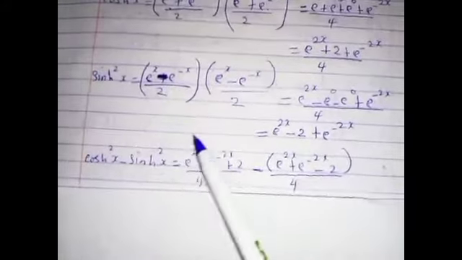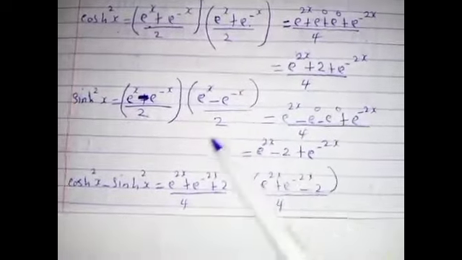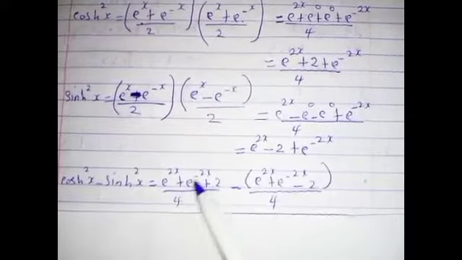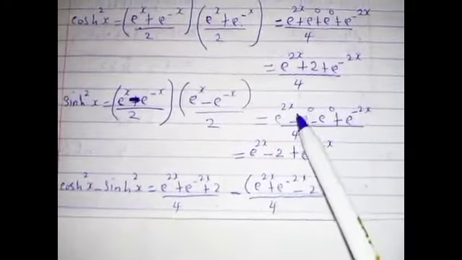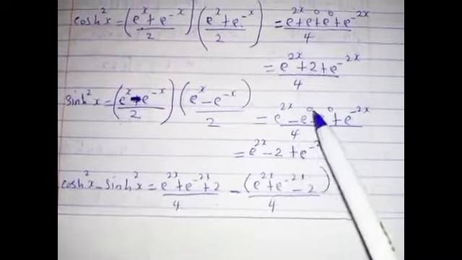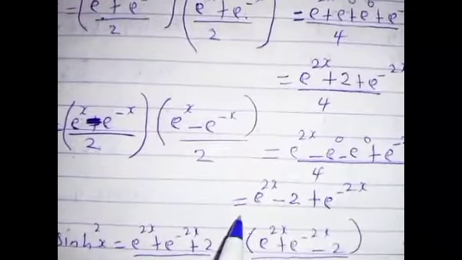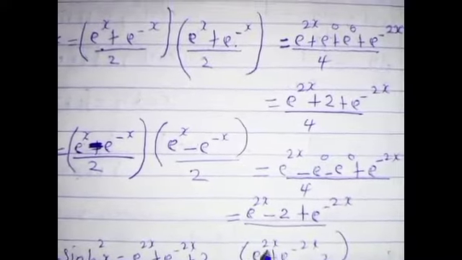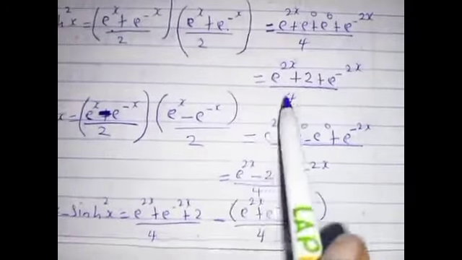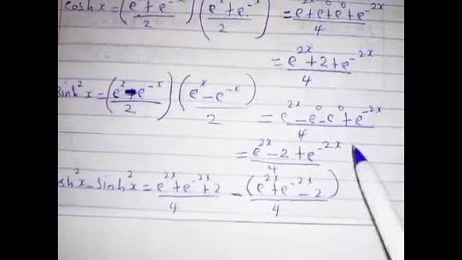We substitute from above this value, which is the value for cosh squared x, minus the square of sinh x, which is this value here. It is divided by 4 from here, and divided by 4 from this one, because this is 2 times 2, it is 4.